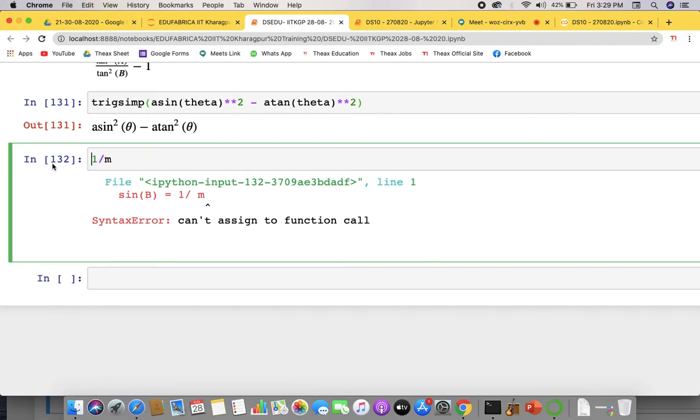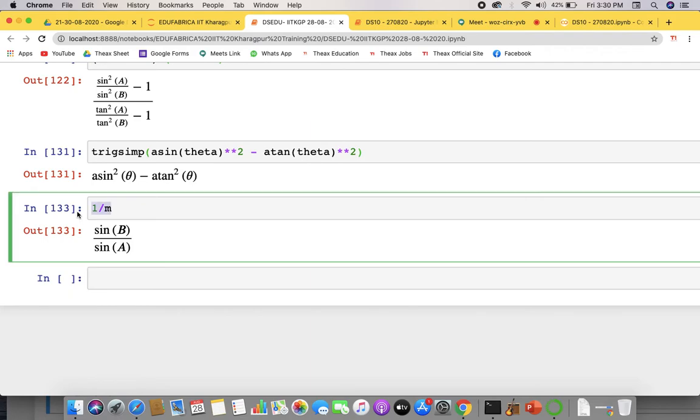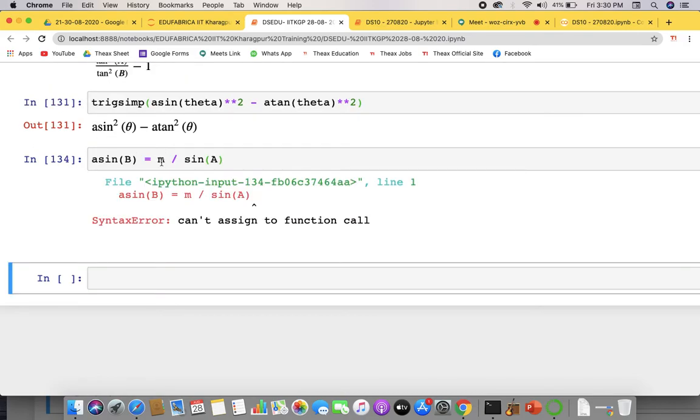So this is just equal to 1 by m. So we have initialized 1 by m and all, right? So 1 by m is going to be the sin b, multiplied by the sin a. So finally, if I say what is the value of sin b, that is cosec b. So cosec b is going to be equal to m by sin a, right? So is there something inside the m now?